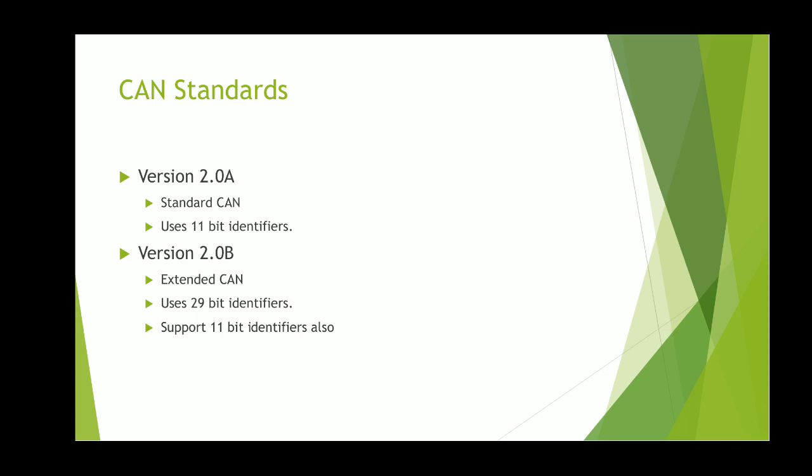This extended CAN uses 29 bits for the identifier specification, and with the help of these 29 bits we can specify up to 2 raised to 29, or half a billion, message identifiers. And version 2.0b also supports 11-bit identifiers.